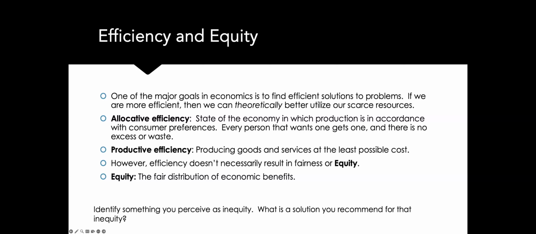But it doesn't necessarily result in equitable distribution of that benefit. A lot of people who focus on economics only focus on the market being in equilibrium being efficient, and that's what's best for everybody.